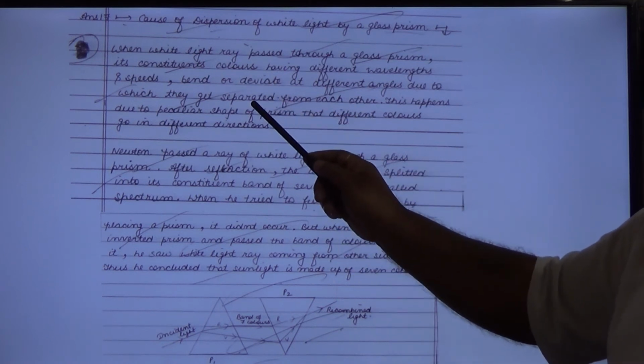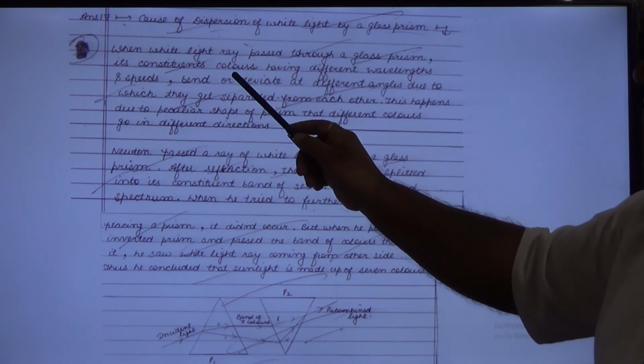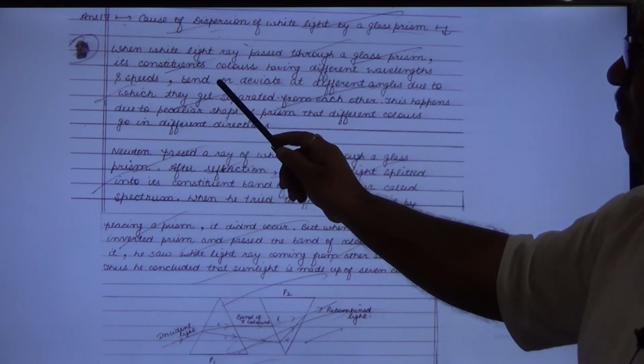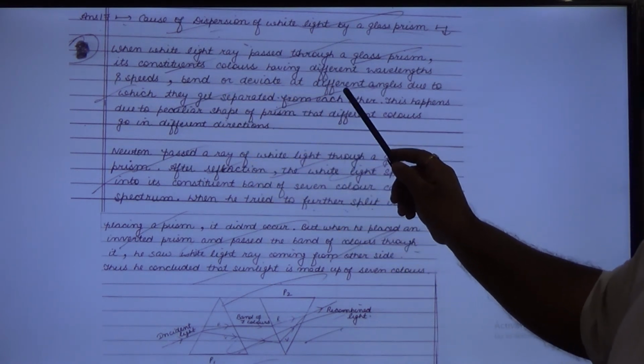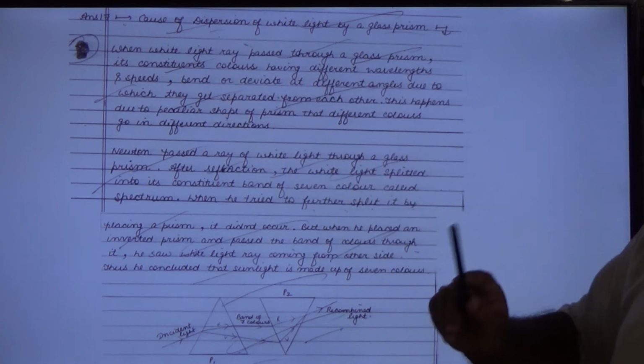What is the meaning of this? The white light, when it is made to pass through a glass prism, its constituent colors, which have different wavelengths and speeds, bend and deviate at different angles, due to which they get separated from each other, is the answer.